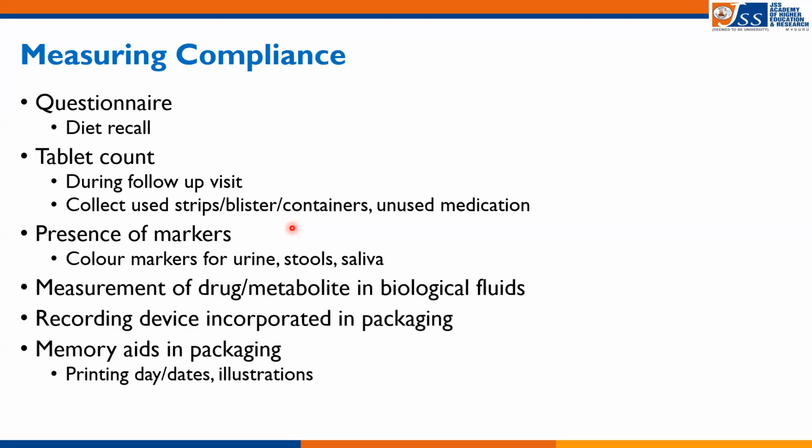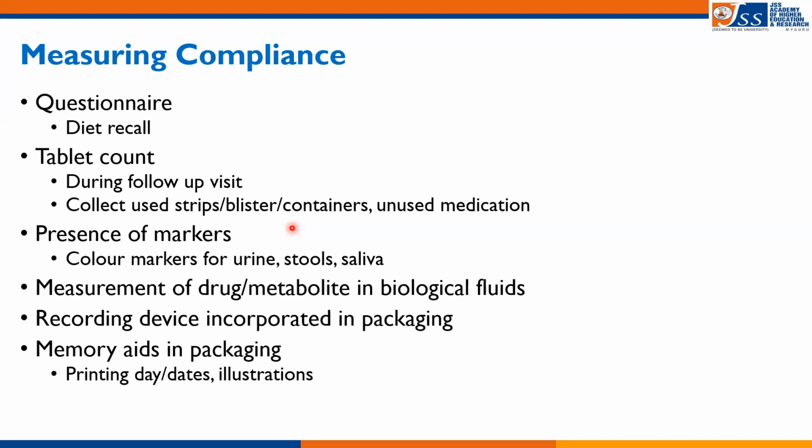Once you have said the compliance to be made, you need to check whether the patient is complying to the requirements or not. So how do you know it? You need to have a questionnaire where you can ask what diet did you eat, when did you eat, what was there in your plate, what was given in your box.